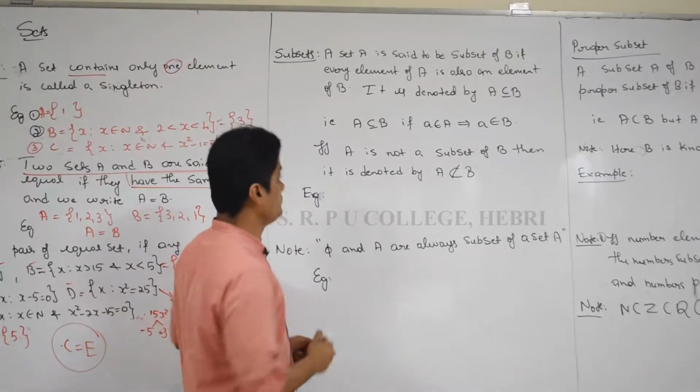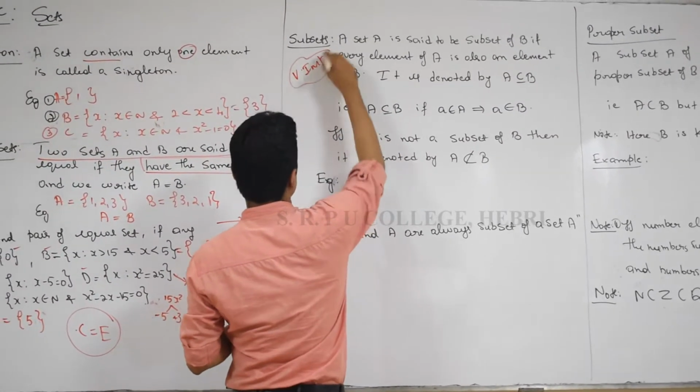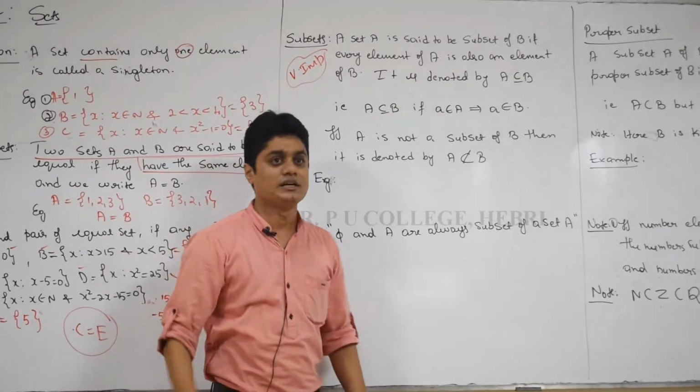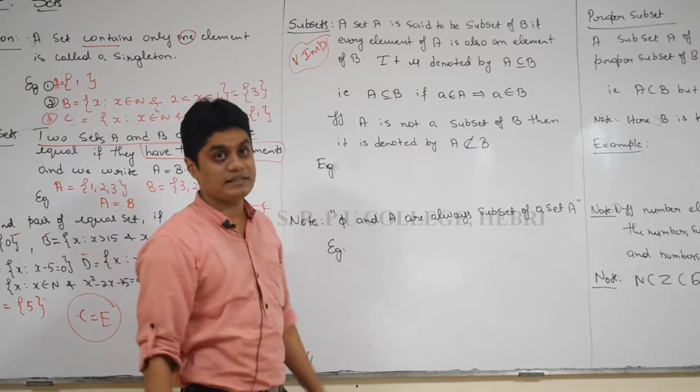Okay, so next type, subset. This is an important term. You should learn it perfectly, because you will get many entrance exam questions, and board exam questions also. So understand it properly.